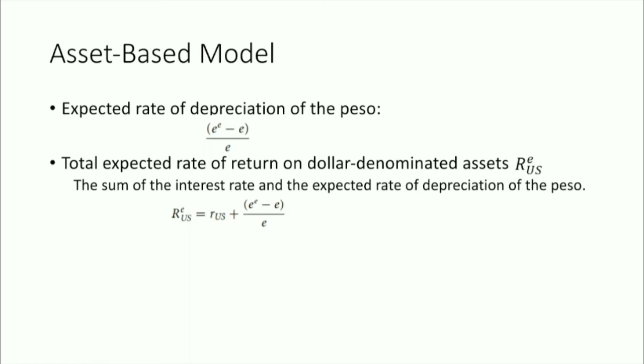And then the total expected rate of return on dollar denominated assets, or R to the power of e in US, is the sum of the interest rate and the expected rate of depreciation of the peso. So we have the equation also.